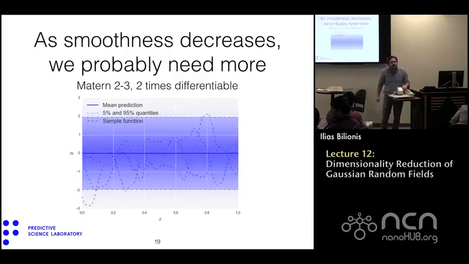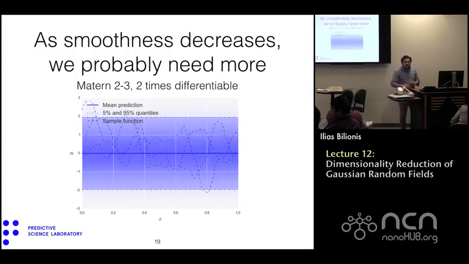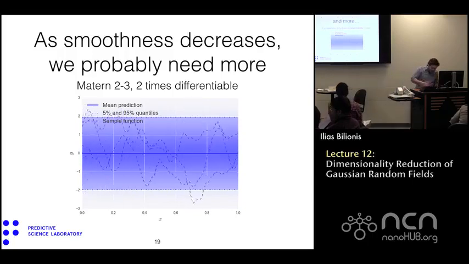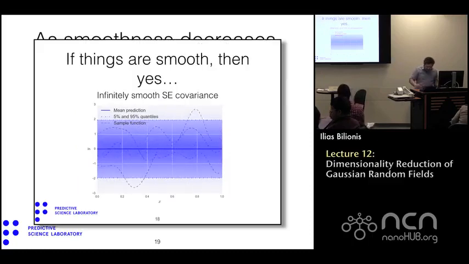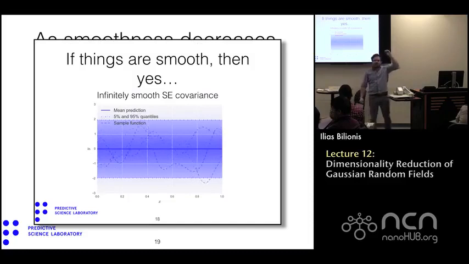Can you explain what is a smooth covariance function? Okay, so two lectures ago I said that the regularity of the samples you get from the Gaussian process is the same as the regularity of the covariance function.